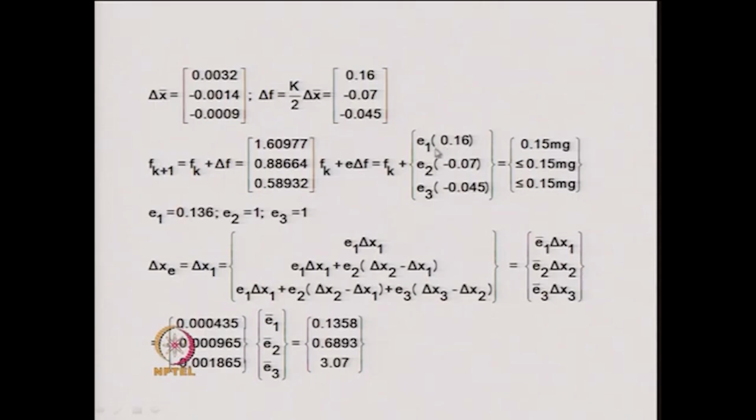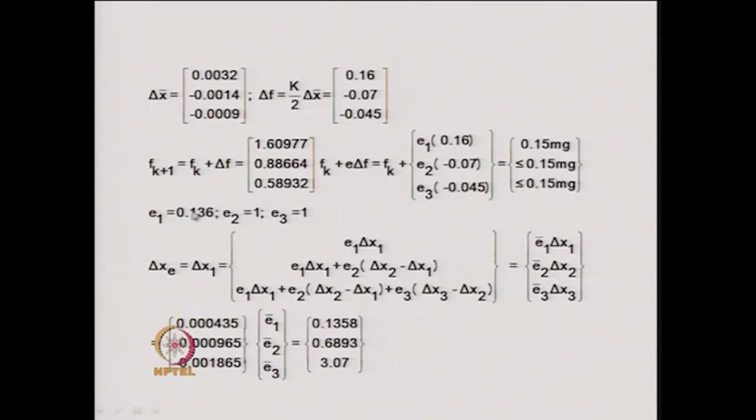So, we multiply these values of delta f by a factor of E1, then a factor of E2 for this, and a factor of E3 to the third column, and find out the values such that the yield shear remains less than or equal to 0.15 mg.